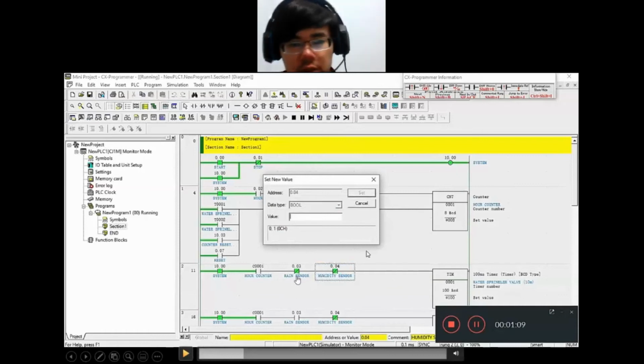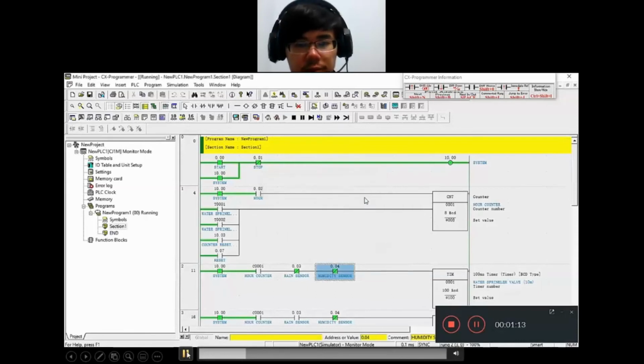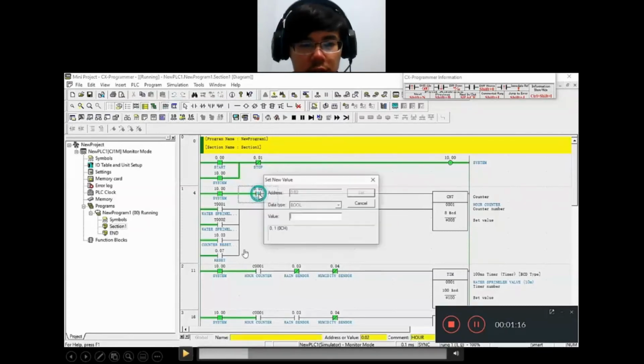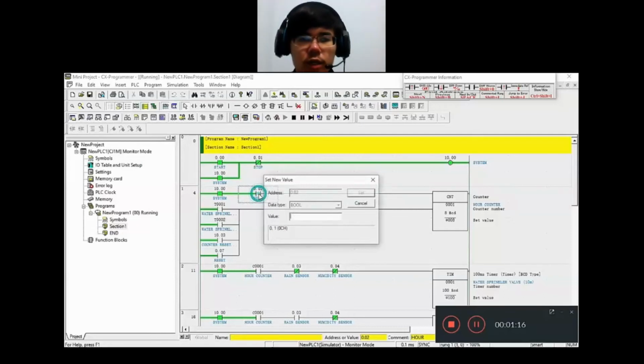First, the rain sensor and humidity sensor are set to value 0, which means there is no raining, and the humidity sensor senses the soil humidity. The soil humidity is dry. The hour switch will represent the hour, which will be on each hour.